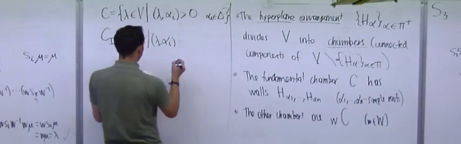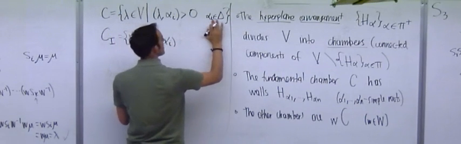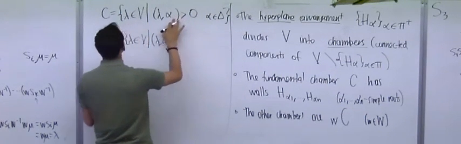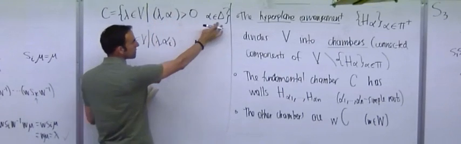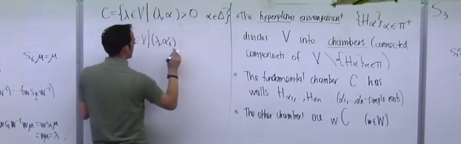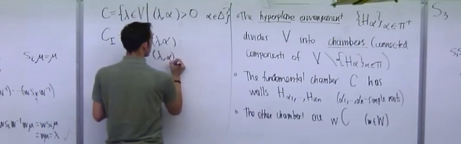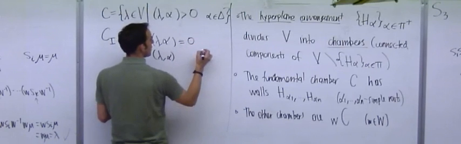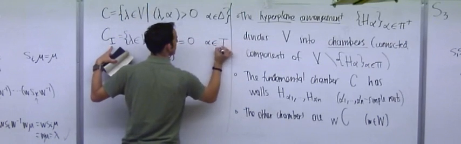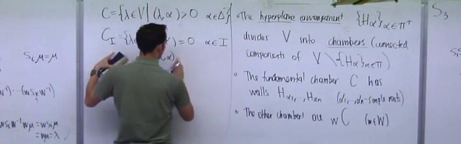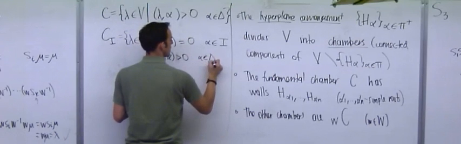And so I want to define this to be basically, well, let me get rid of this I. I don't need this I. So here your inner product with all the simple roots is positive, and here I'm just going to say some of them are positive and some of them are 0. So there's 0 for exactly these roots, and positive for the other roots.